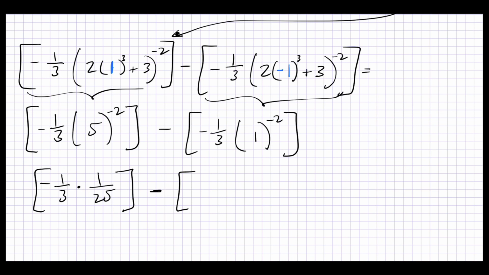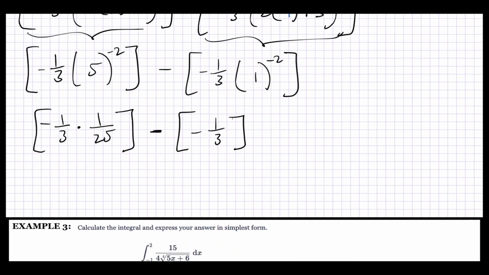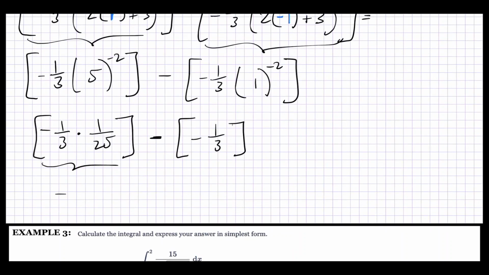Minus, same thing over here. You flip 1, you still get 1. So it's just going to be negative 1/3 times 1. Okay, multiply, you get negative 1 over 75 minus a negative, so it's going to be plus 1/3.